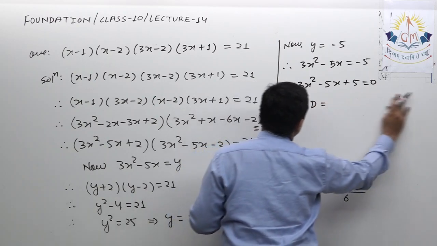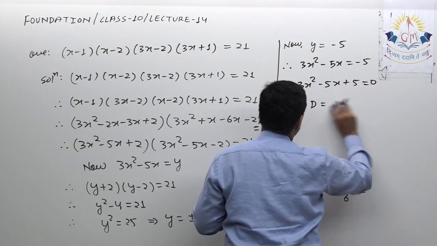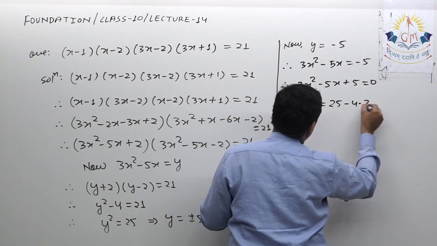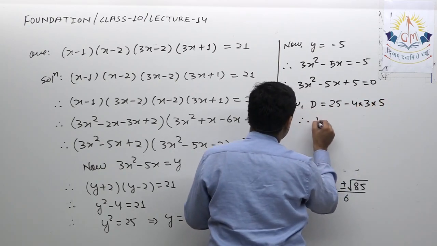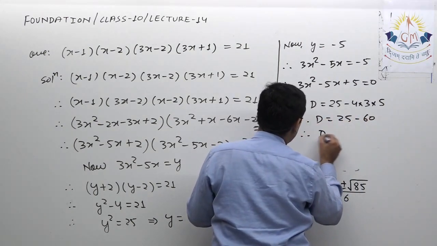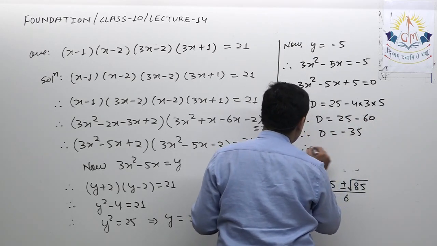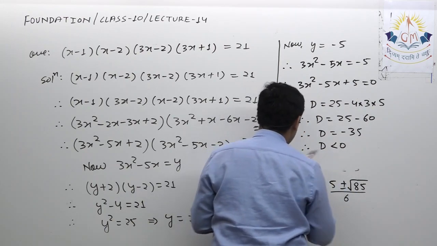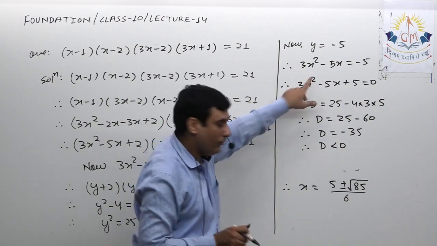Now d is equal to b square minus 4ac. Okay, b square minus 4 into a into c. Therefore d is equal to 25 minus 60. Therefore d is minus 35. Therefore d is less than 0. Therefore no real values of x are there for the given value of y.